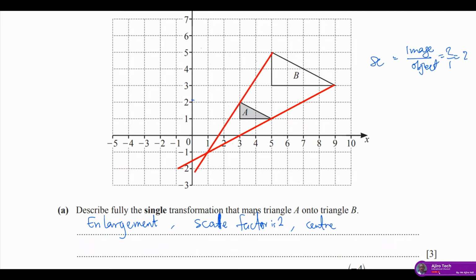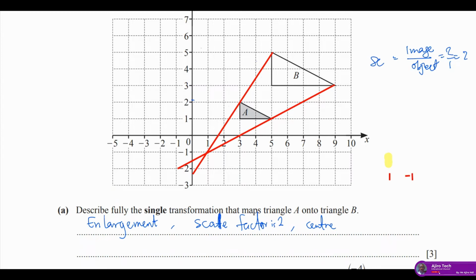Now I can see that our center of enlargement should be 1 for x and -1 for y.